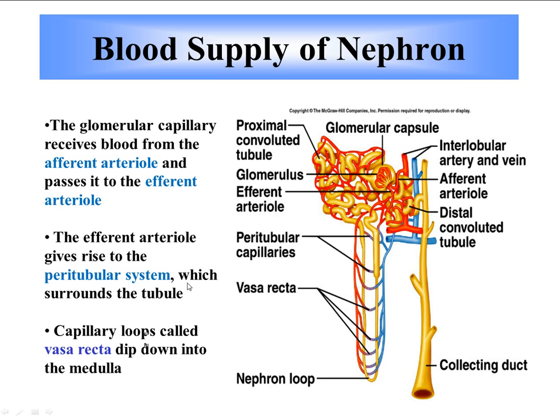The peritubular system surrounds the tubules, and then those capillary loops are called the vasa recta. Vasa means vessels, basically. Recta dip down into the medulla. This area would be the cortex, and this dips down into the medulla.